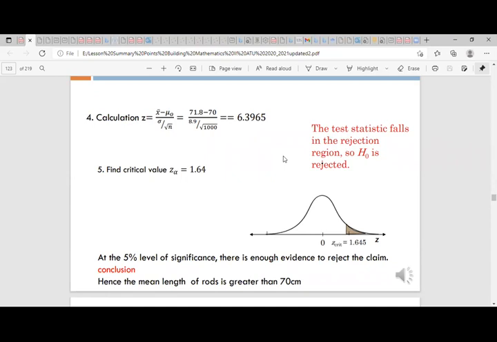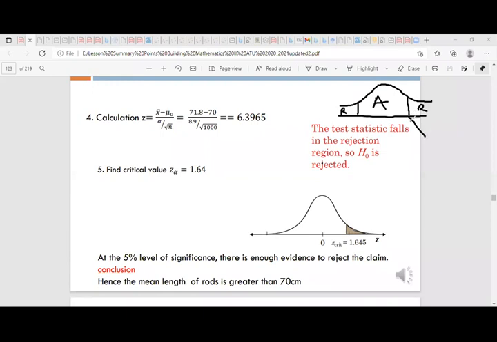Then the next approach is to use what we call a critical value. You remember earlier I indicated that we have an acceptance region and a rejection region. So if this is your acceptance, you will have rejection here.